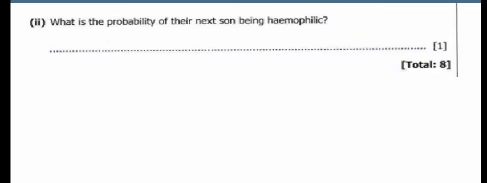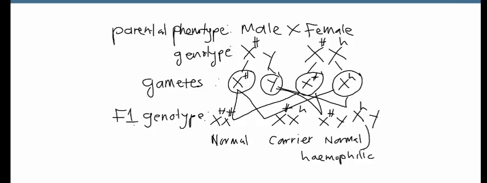So the next question is asking us the probability of their next son being hemophilic. So now, if the same parents are crossed, you're going to find that just going to be 1, which is this one here. We are going to have one son who is going to be hemophilic.